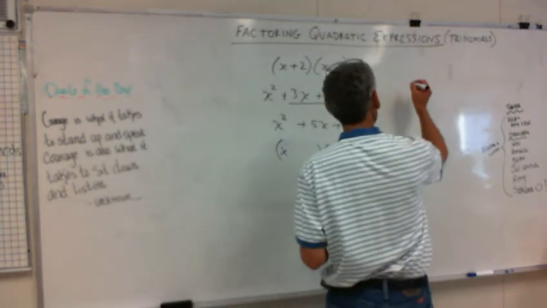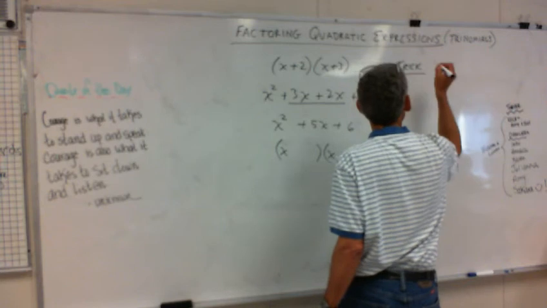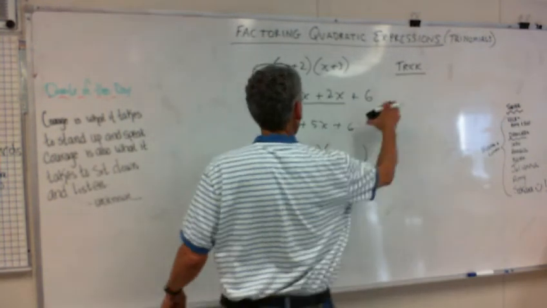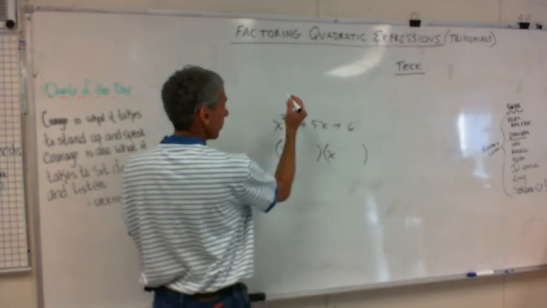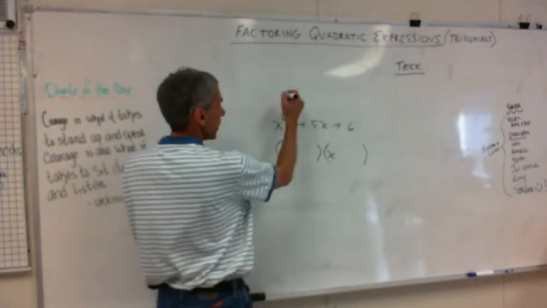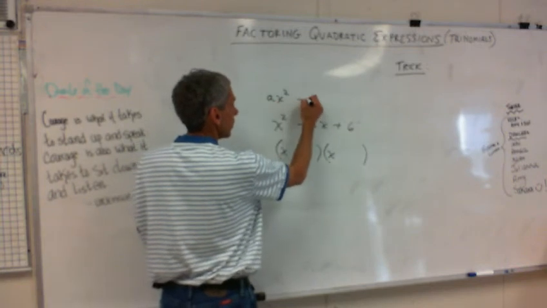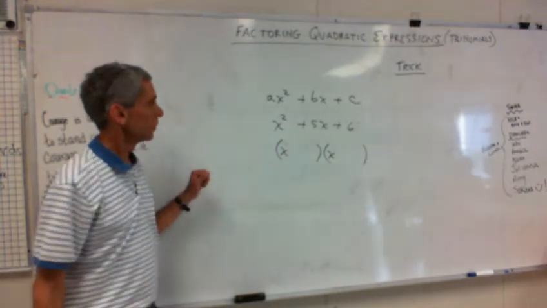What you want to do, this is your trick. And it's a really cool trick. So if I was going to write this, let me just do one real quick thing, because this will make it a little easier for me to describe what I'm talking about. I'm going to call this ax squared plus bx plus c. Okay?